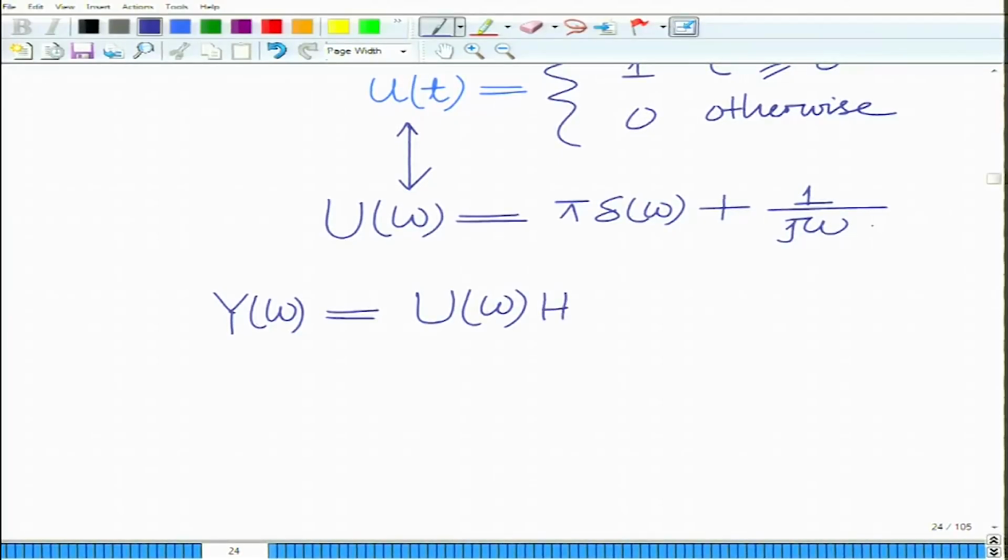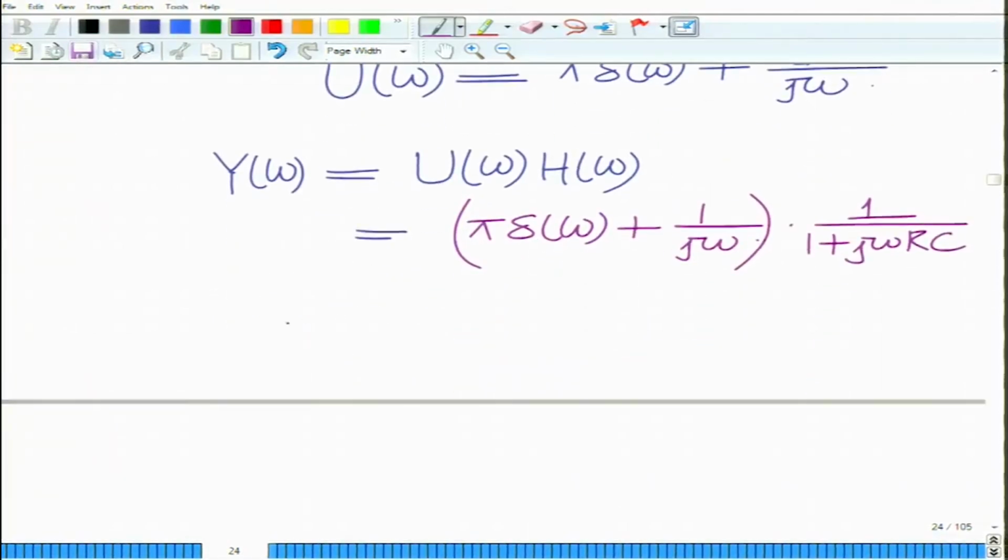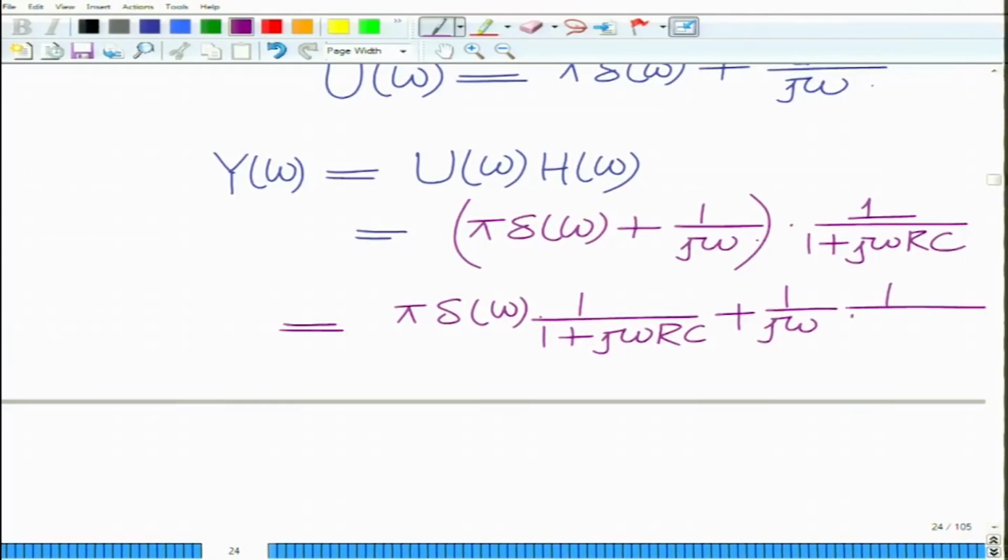So, this is basically U(omega) times H(omega), which is pi delta(omega) plus 1 over j omega, times 1 over 1 plus j omega RC, which is now pi delta(omega) times 1 over 1 plus j omega RC plus 1 over j omega times 1 over 1 plus j omega RC.